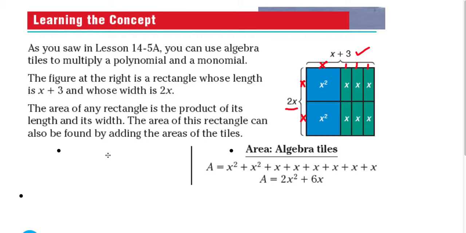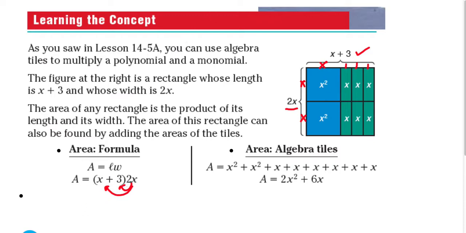Okay? Using the formula, area equals length times width, we have x plus 3 multiplied by 2x. Again, we discussed that we can use the distributive property to find the product of a monomial and a polynomial. So we simply distribute the 2x to x and 2x to 3.